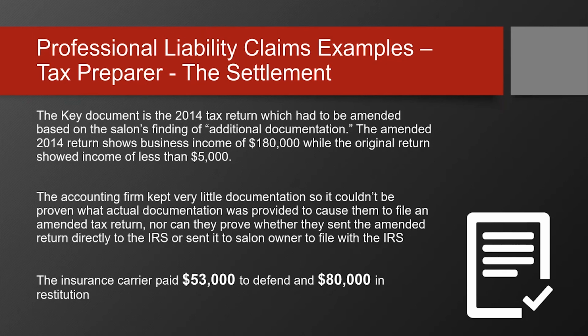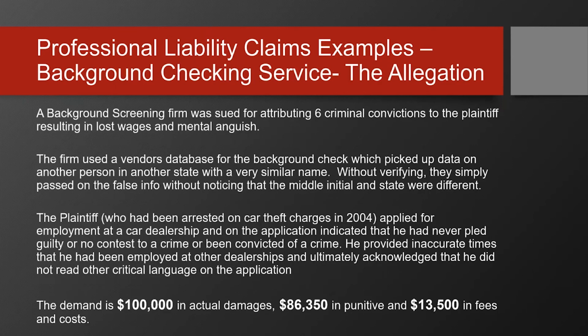This wound up paying the taxes and fees levied to the salon. It didn't pay for the taxes and fees levied to the tax preparer, but it definitely paid for the fines that were levied upon the salon because of the error of the tax preparer.